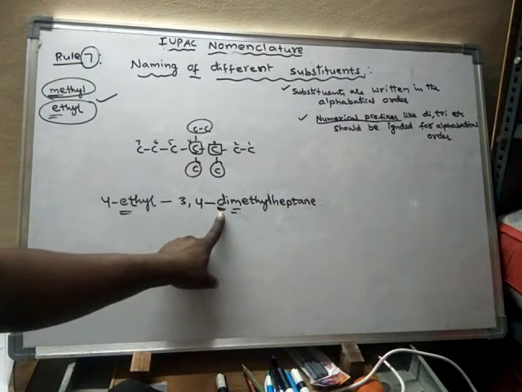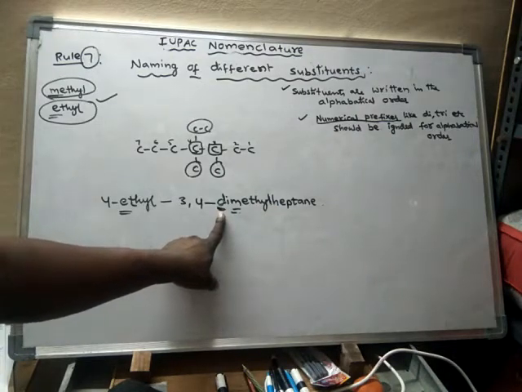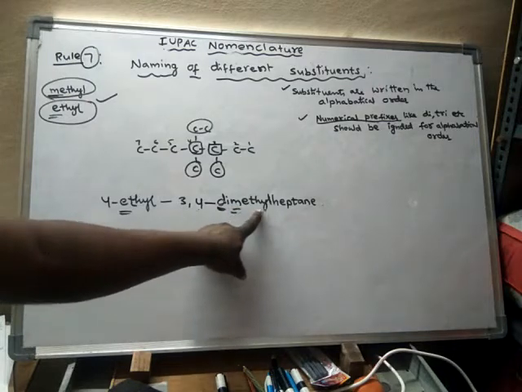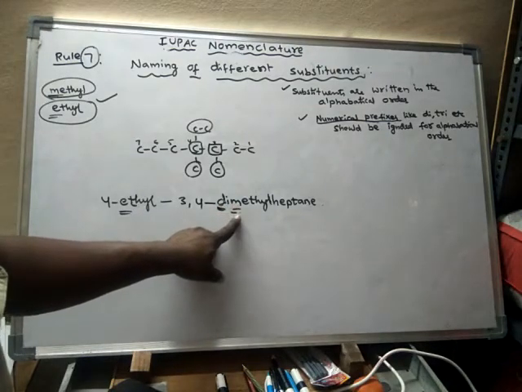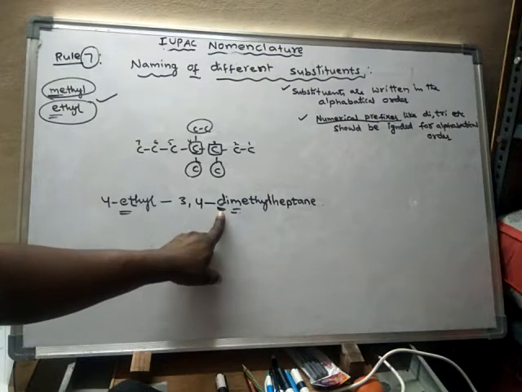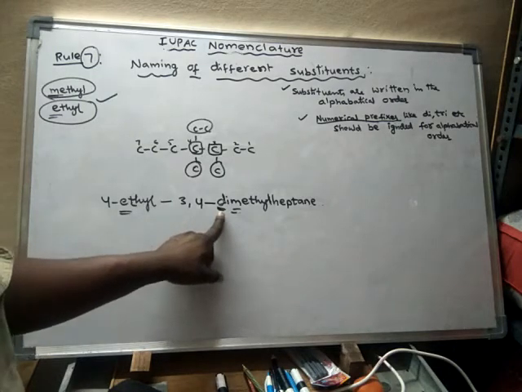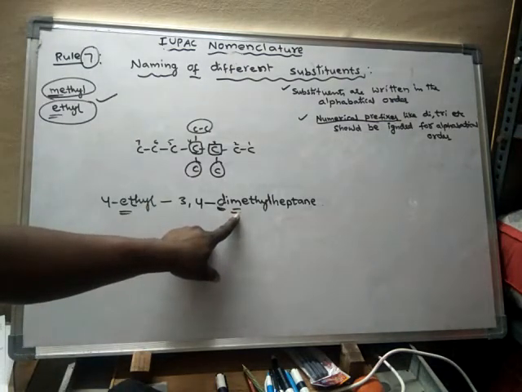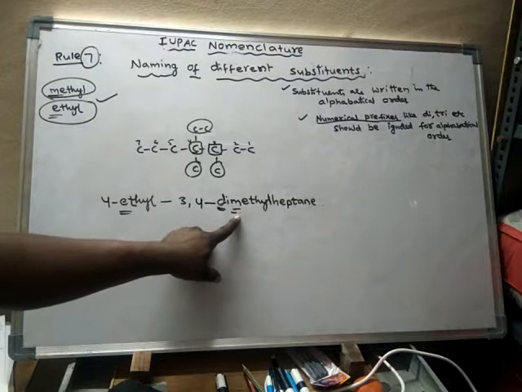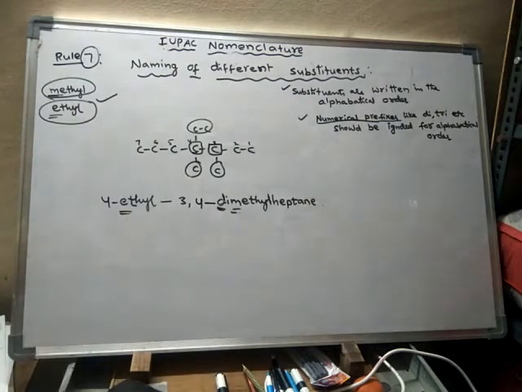But we should not consider the numerical prefix which is attached to this substituent. So we should not take D in the alphabetical order. We have to take M only, because D is not part of the substituent. So M is the first alphabet in the substituent. We have to consider M only. And here E. Like this, the names of the substituents are written based on alphabetical order.